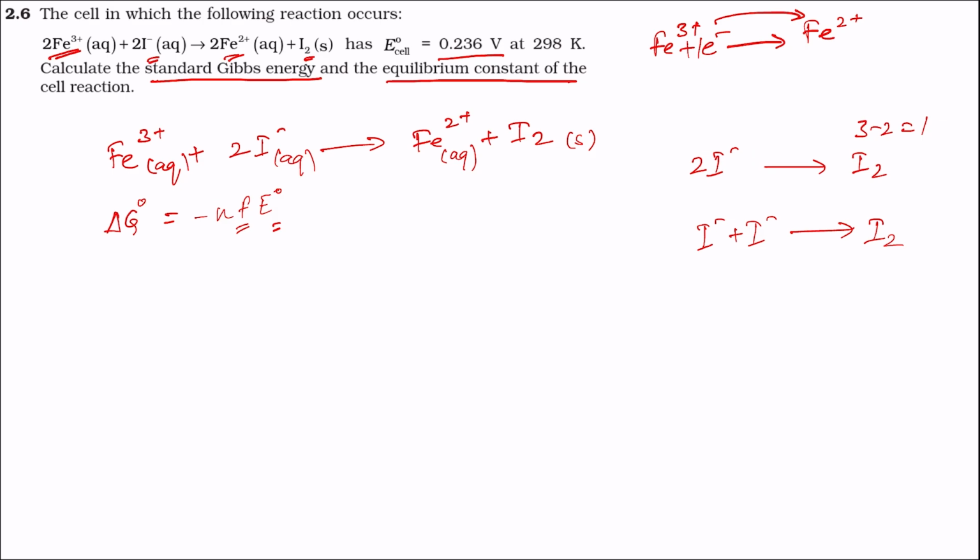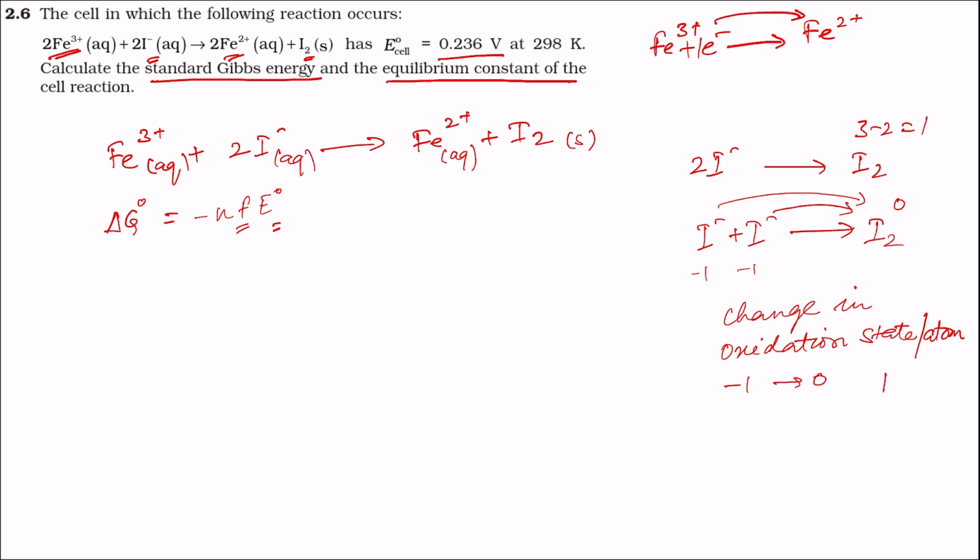Each atom of iodine has minus 1 oxidation state. It is changing from minus 1 oxidation state to 0 oxidation state in iodine. So change in oxidation state per atom is from minus 1 to 0, that is 1.